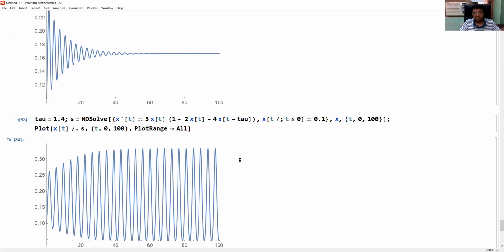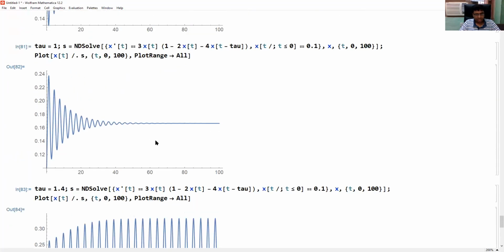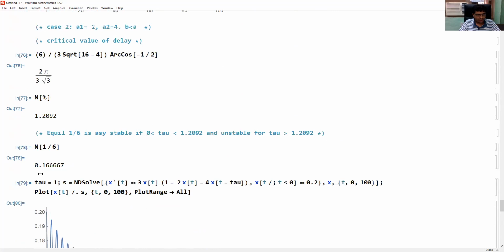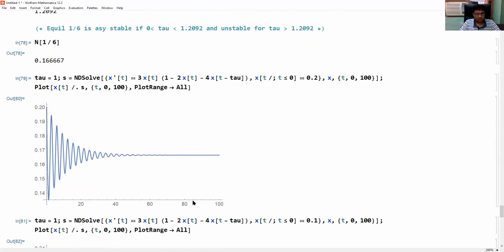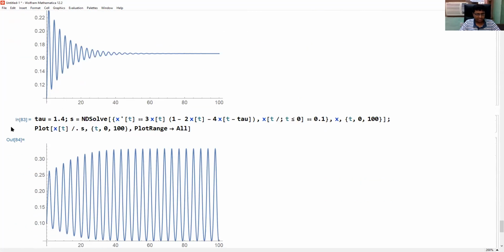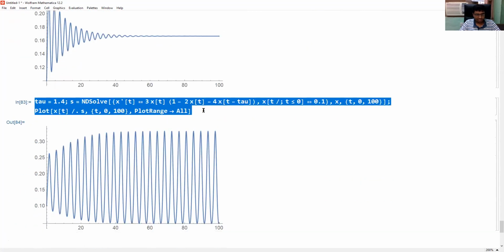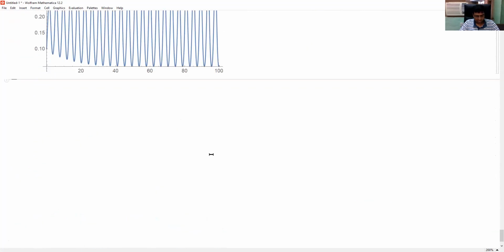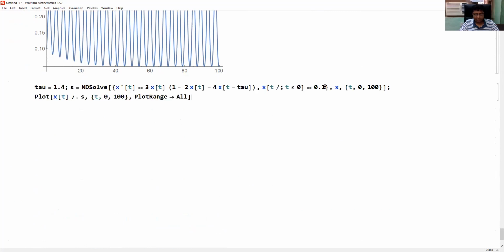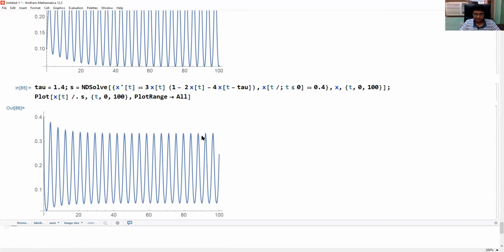We are getting bounded oscillations, not converging. Now let us choose initial condition which is bigger than equilibrium, say 0.2 or 0.4, whatever. Again, we are not getting converging solutions.